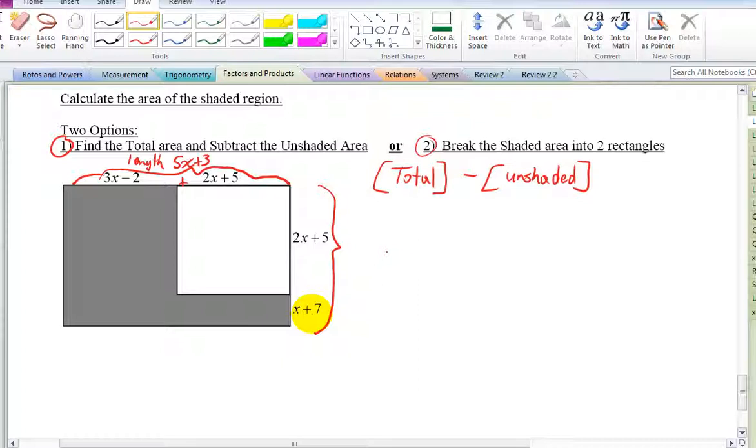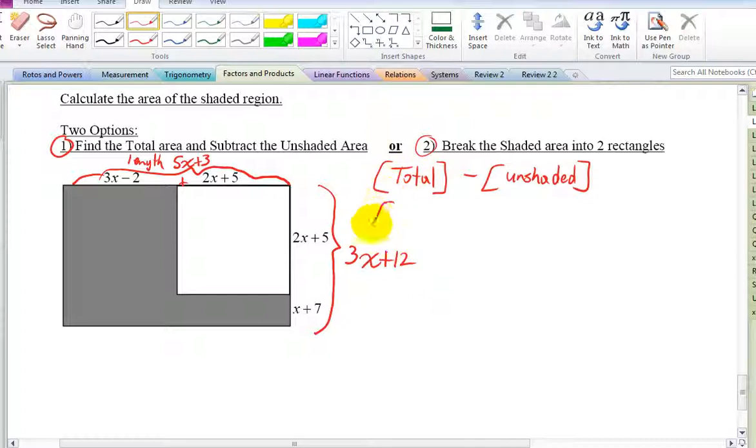Add them together. No, that's multiplication when you change your exponents. Just add or subtract your coefficients. 3x plus 12. Okay.